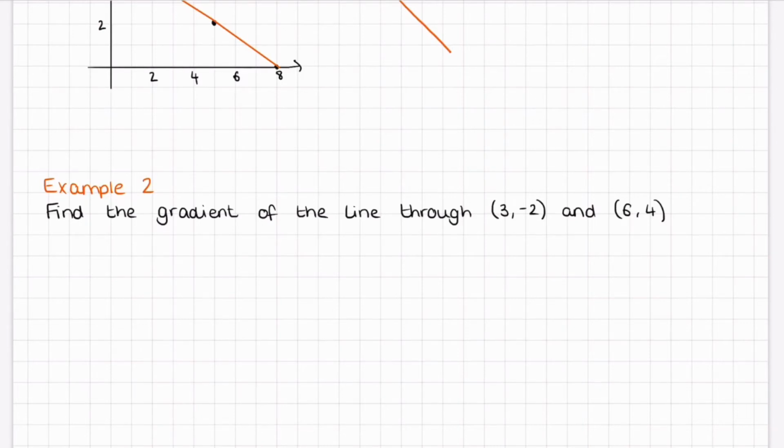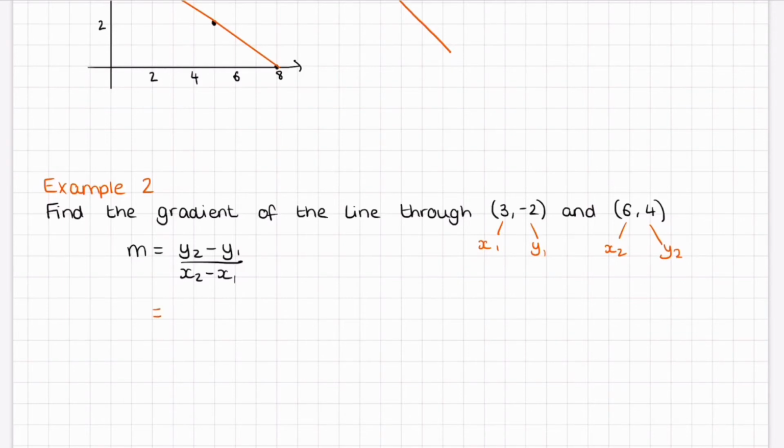So remember, our gradient formula is m equals y2 take y1 over x2 take x1. Looking at our points here, I'm going to have this one as x1 and y1, and this coordinate can be x2 and y2.